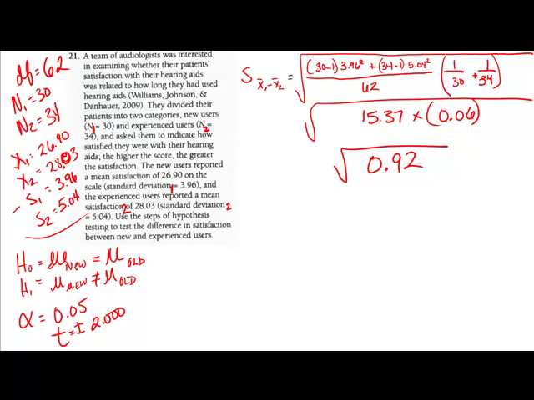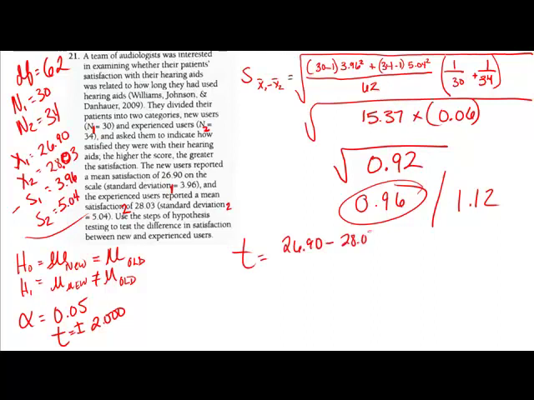I got it wrong. Actually, no, I didn't. Hold on. I got 0.96. All right, the book wants 1.12. I think, again, what we've got is some rounding error. So let's see if my rounding error makes a difference. T equals the difference, which is 26.90 minus 28.03.